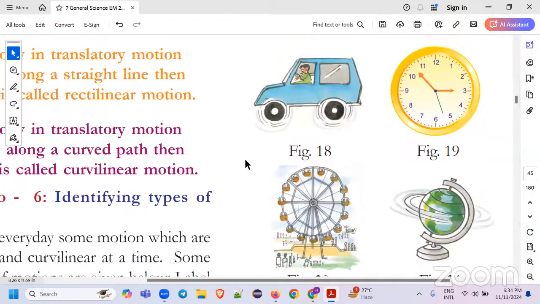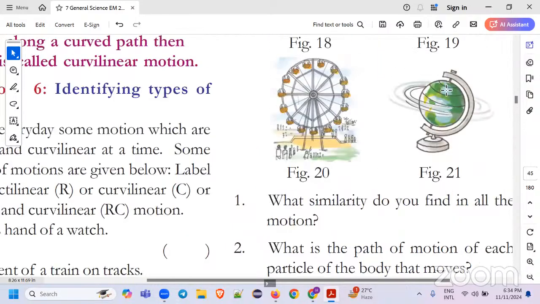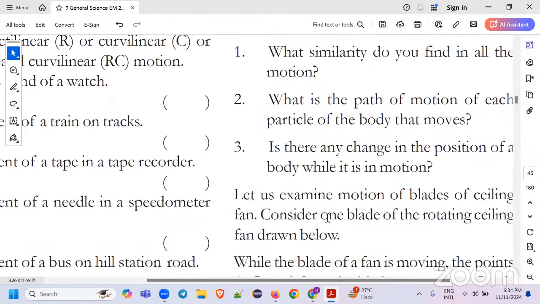What is the similarity in the motion of all these things, the tires of a car, a globe, or this giant wheel? In all these, everything is revolving or rotating around an axis.